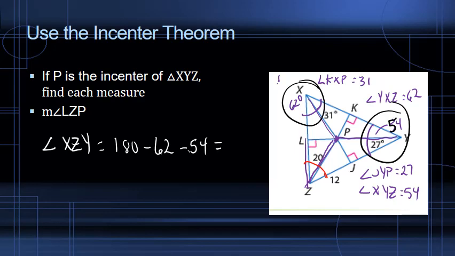If I get the measure of this and then take half of that, I'll have the measure of LZP, this little piece right here. Let me use a calculator again. 180 minus 62 minus 54 is 64.